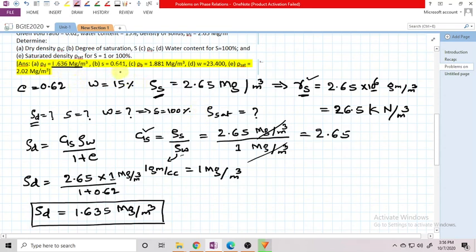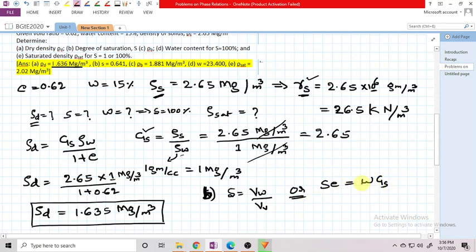Next is the degree of saturation they are asking. How can I find it out? I have two formulas. Degree of saturation can be volume of water out of volume of voids, or I can use this formula also, S e equal to w into Gs.